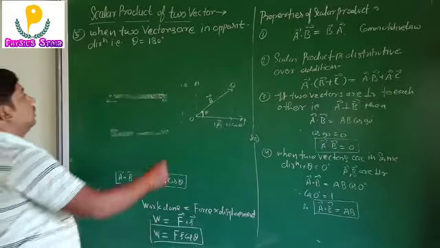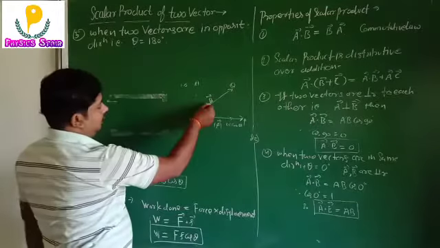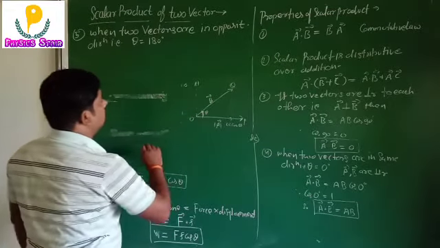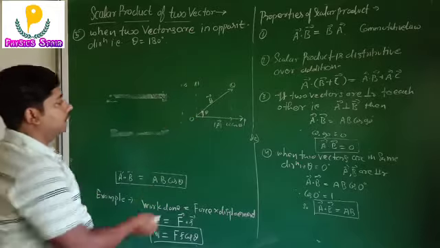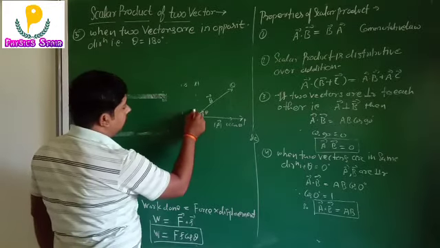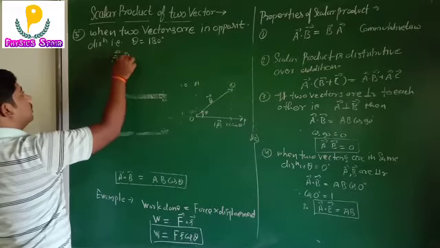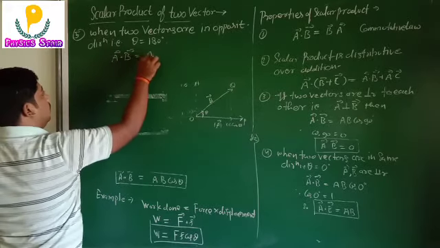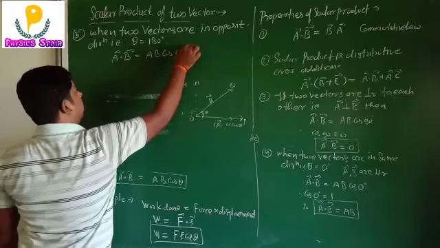When this vector is opposite to vector A, theta makes an angle of 180 degrees. So the scalar product of the two vectors is AB cos 180 degrees.